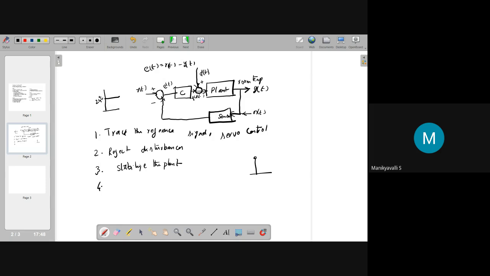In that case, your controller should mitigate those errors and still track the reference signal. That means it has to work against parameter changes, that is, it must be insensitive to changes in parameters.